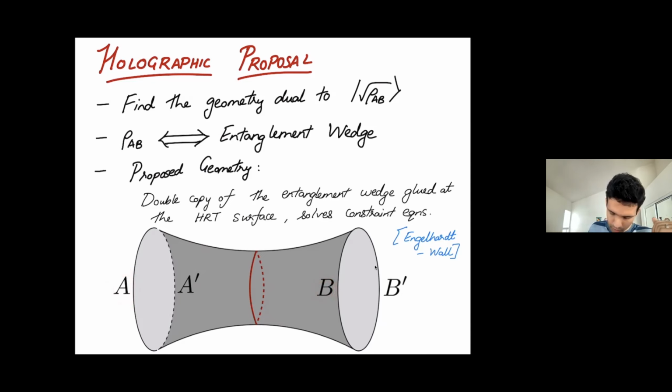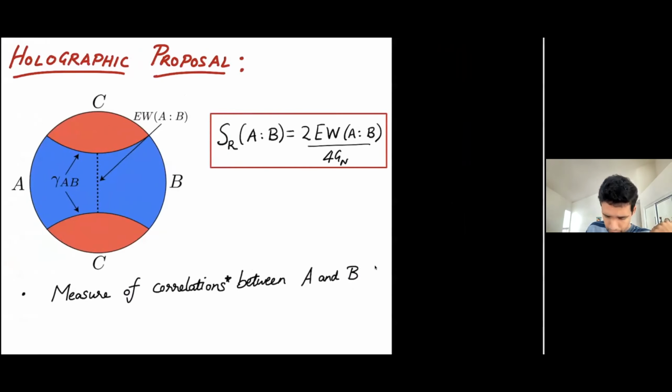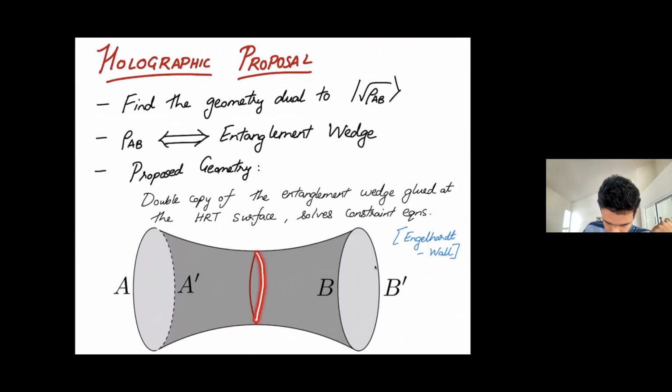So a lot of arguments were made in the paper by Dutta and Faulkner to motivate that this is the right way to think about this state. And once you think about it this way, then the entropy of AA prime is just given by the Ryu-Takayanagi formula, which says that you look for the minimal extremal surface homologous to it. And then from the previous picture, we see that the entanglement wedge cross section and its doubled copy, which we see here, is the correct surface that does so.